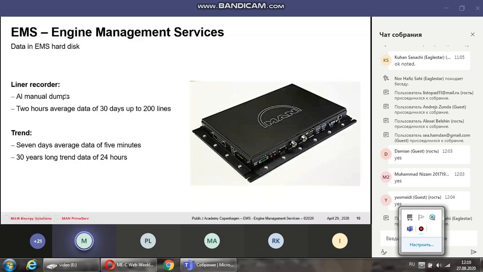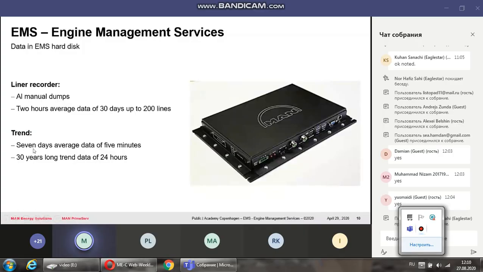Save the data. And you can also have a 2 hours average data, 30 days up to 200 lines. So which means in 30 days, 2 hours average data will be picked up, which can go a maximum of 200 lines. That is the line recorder. This can be connected to the computer screen, and then you have that.